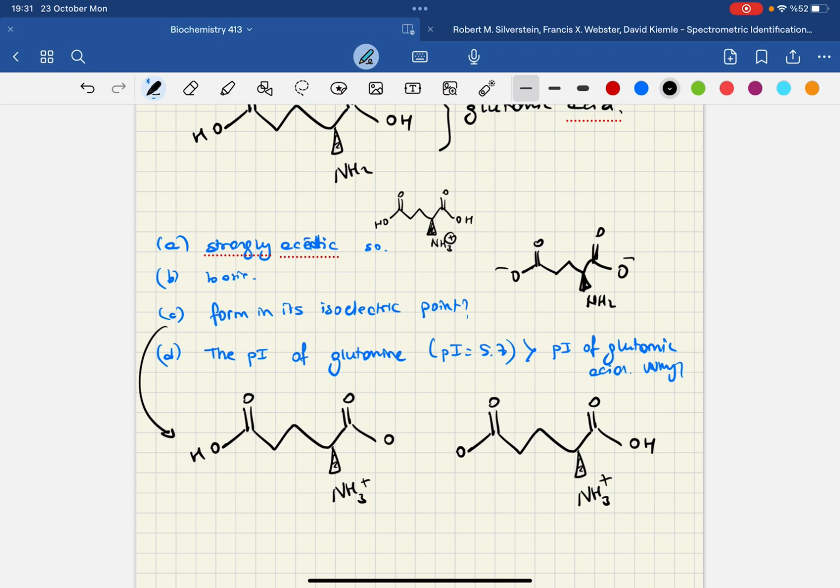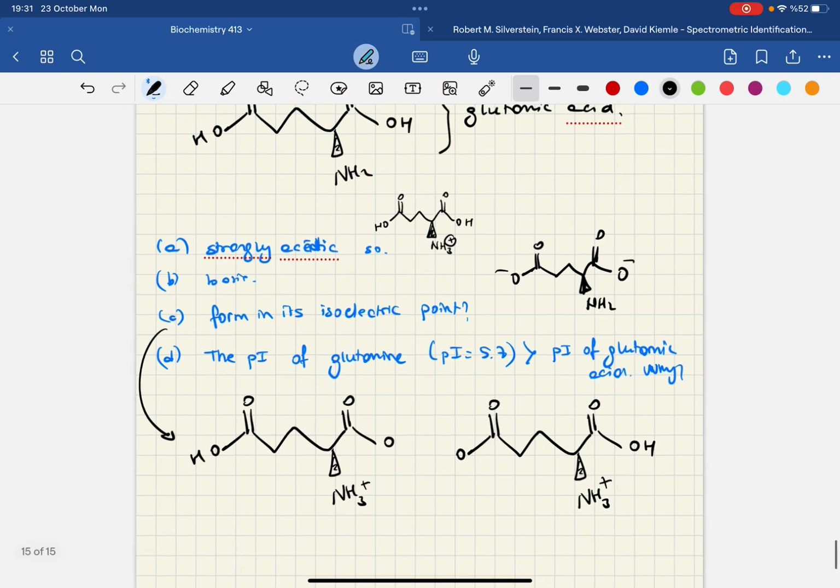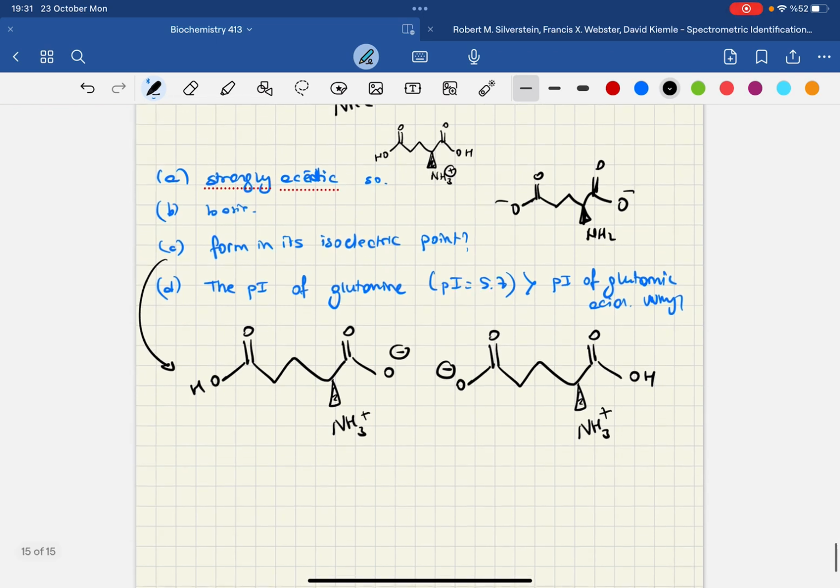The Zwitter ion means that we should have one positive and one negative charge. Now here I put the positive charge, here we have the negative charge, here we have the positive charge, here we'll have the negative charge. So both of them are Zwitter ions. However, which one of them will survive? Well, this one will survive.